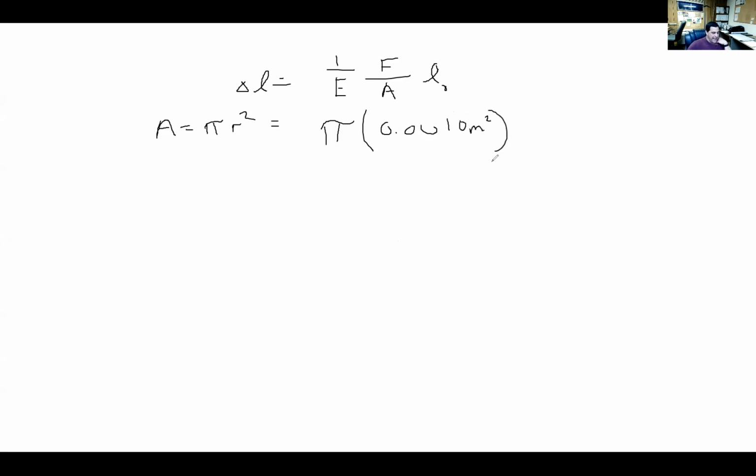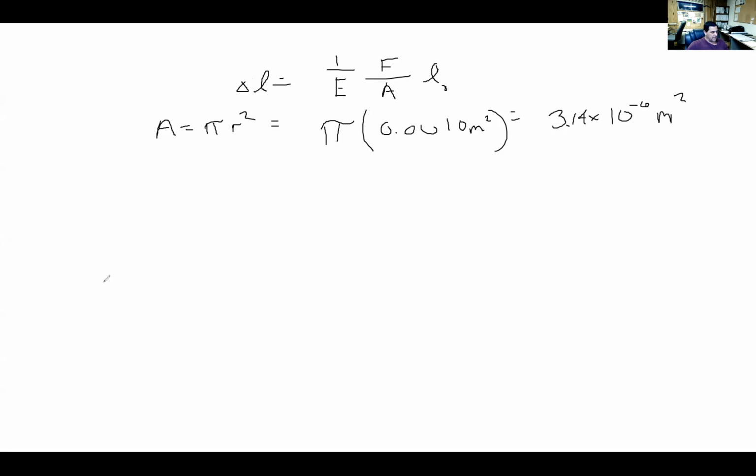So if you look at the units for that modulus, if you flip back and take a look at it, it's Newton per meter squared. So you want to be working in units of meters and newtons. 10 to the minus 6 meters squared. So that's my area for up there.